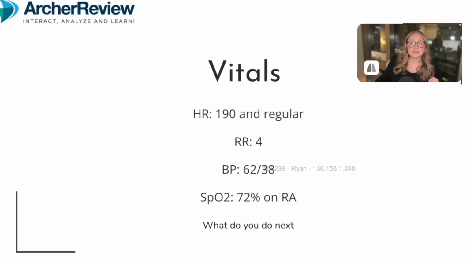So I know something's going on that's causing this client not to have good blood flow to her tissues. We've got a breathing issue. We've got a circulation issue. I need to prioritize this client right away. And seeing that her heart rate is 190 and regular, there's a certain action that I need to take right away to figure out what's going on.